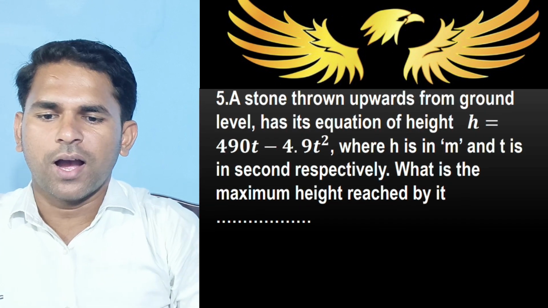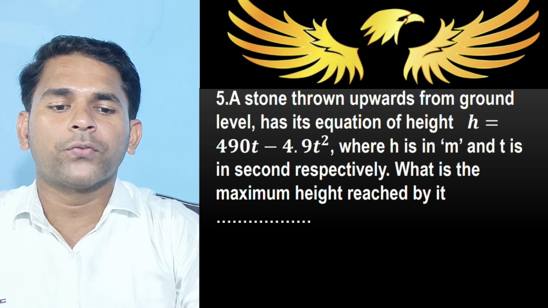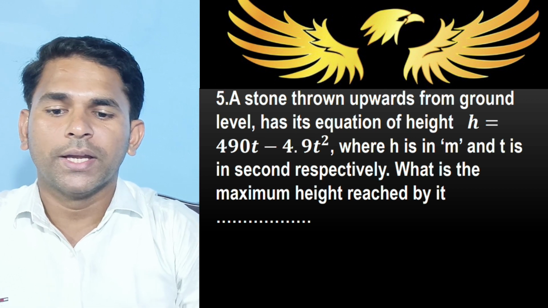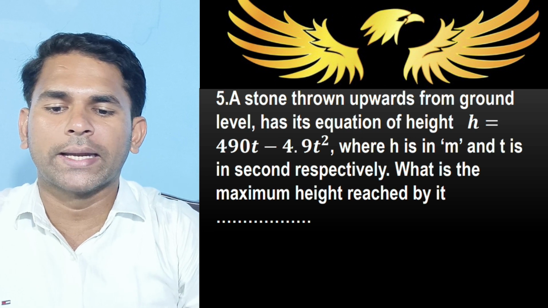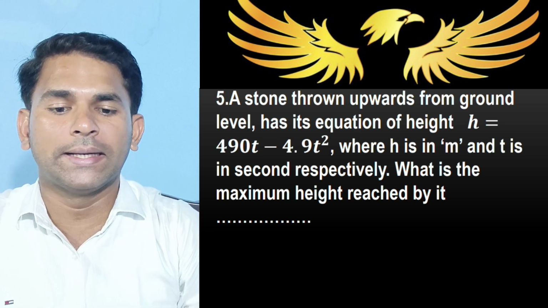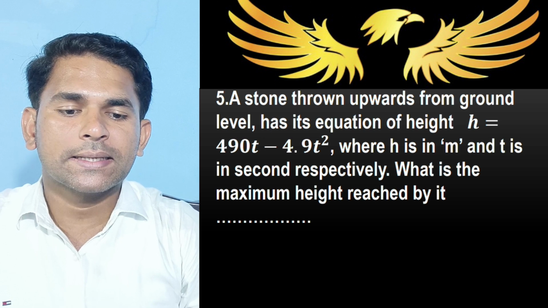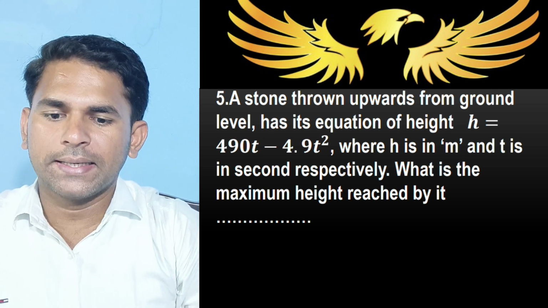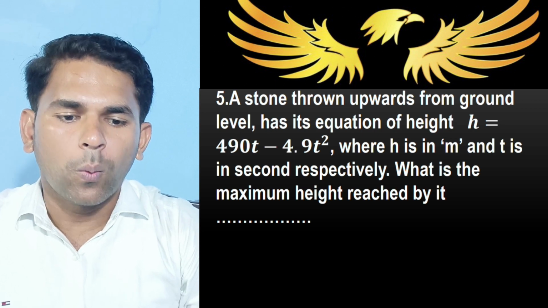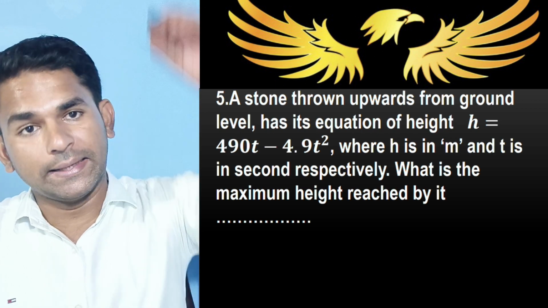Very good question. A stone is thrown upward from the ground level and has its equation of height h equal to 490t minus 4.9t square, where h is in meters and t is in seconds respectively. What is the maximum height reached?